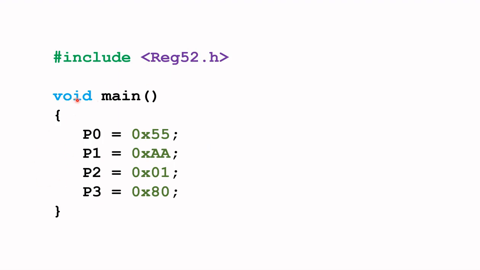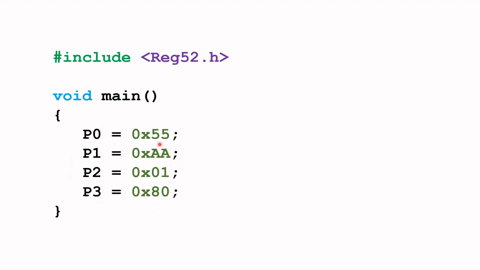And void, here the word void means this main function does not carry out any computation or calculation, and so it will not return any values at all. So that's why it's called void. We will see a lot more of this in the near future in my videos.